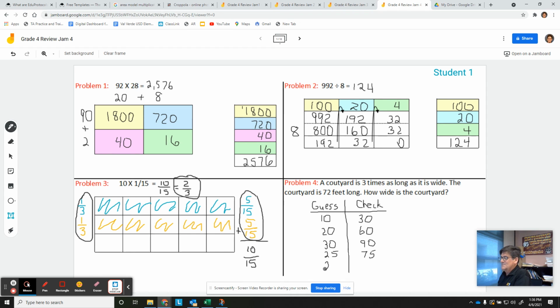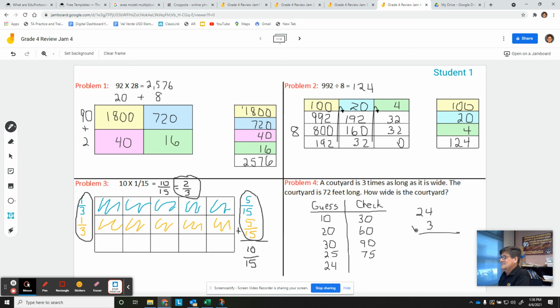So I'll try 24. Now let's try 24. By the way, each of these I could do in my head, because 10 times 3 is 30, and 20 times 3 is 60, and so forth. And 25, I was thinking like quarters, 25, 50, 75. But here, this one I'm going to have to check over here to the side. So 24 times 3.